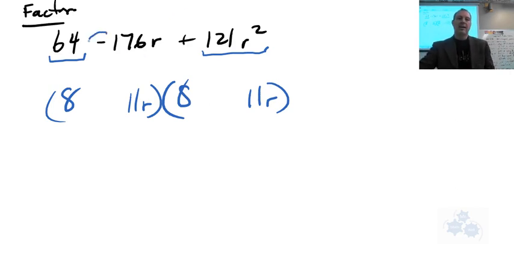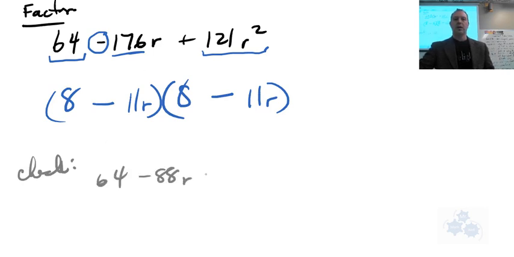And so this is a negative, right? It's a very large negative number. So let's put two minuses in there and check to see if this is what we're going to get. So again, let's check this. 8 times 8 is 64. 8 times negative 11 is negative 88r. Negative 11 times positive 8 is negative 88r.